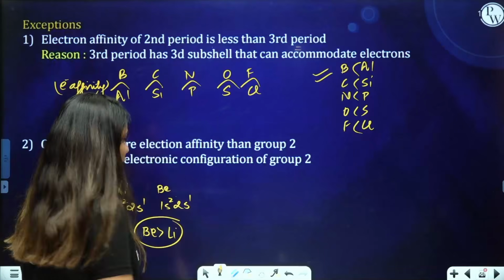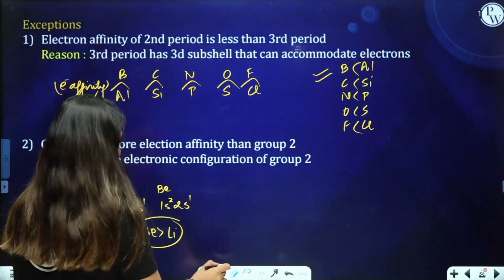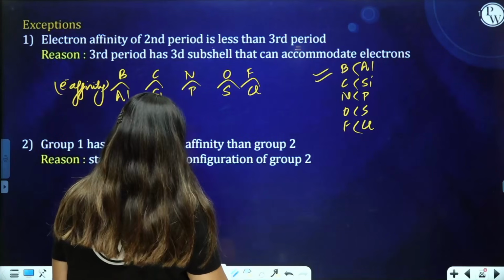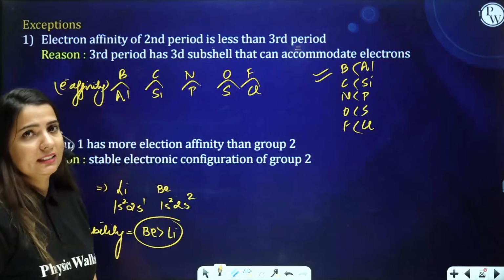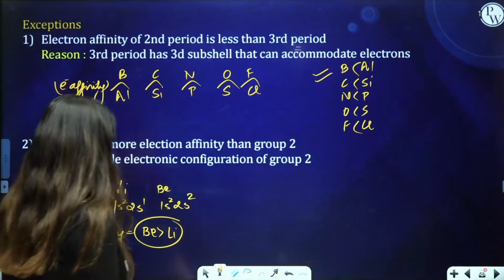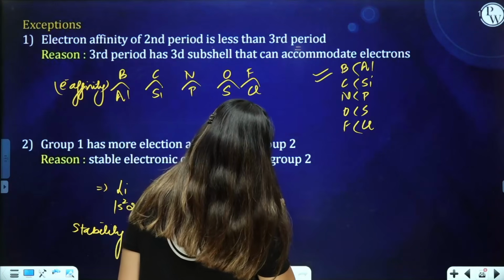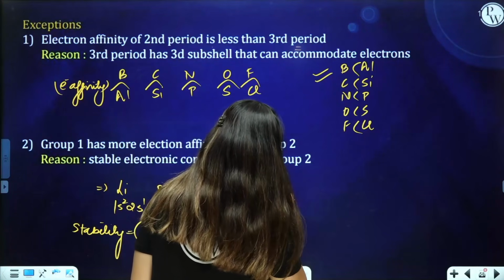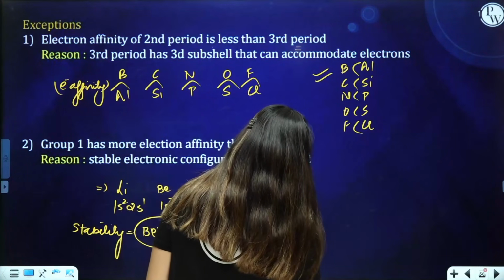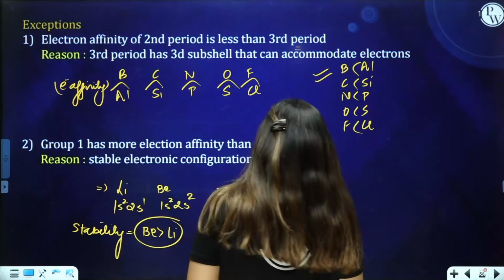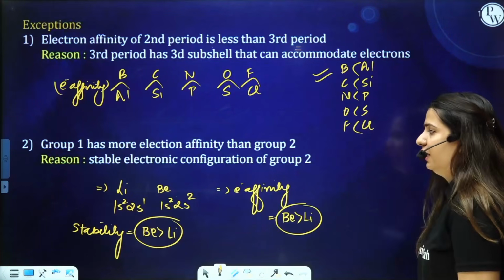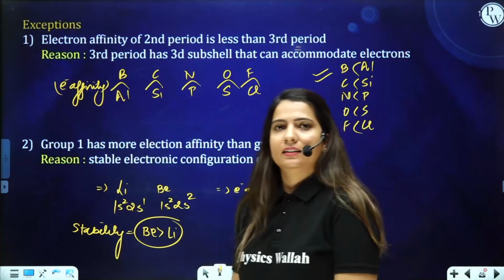So if it is more stable, the removal of electron is hard. So always remember that the electron affinity of beryllium is greater than lithium.